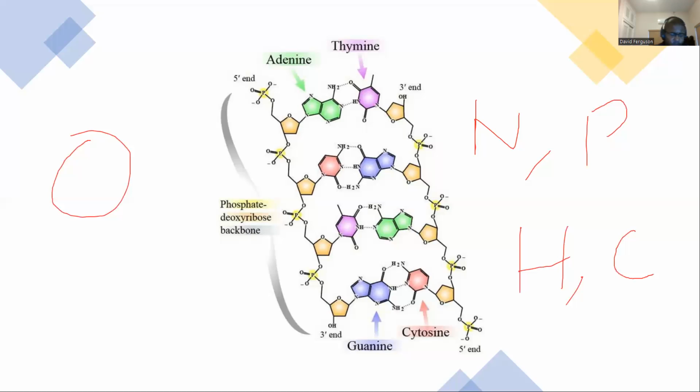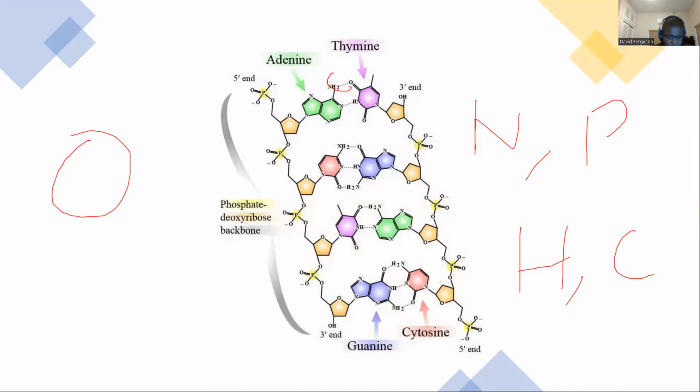The functional groups that we see, we have the amine. Is the amine there? Right there. There we go.